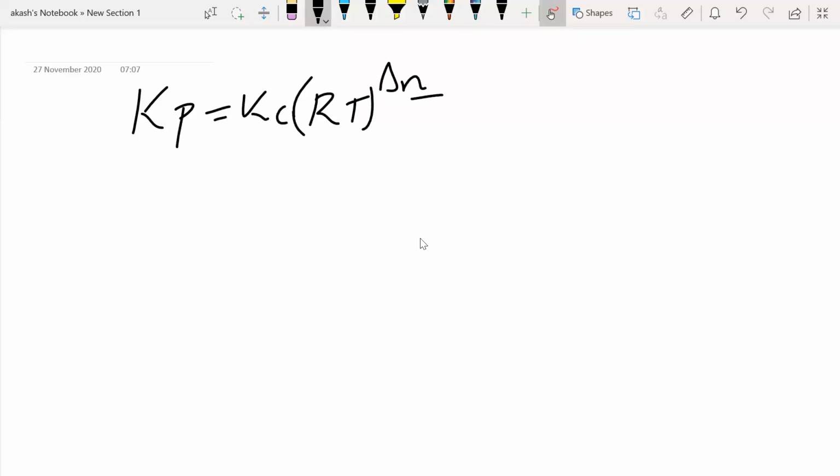What does this delta n specify? Total stoichiometric coefficients of the products minus total stoichiometric coefficients of the reactants. Exactly. You add all the stoichiometric coefficients of products, add all the stoichiometric coefficients of reactants, and then subtract them. This is the relationship we saw for Kp and Kc together.